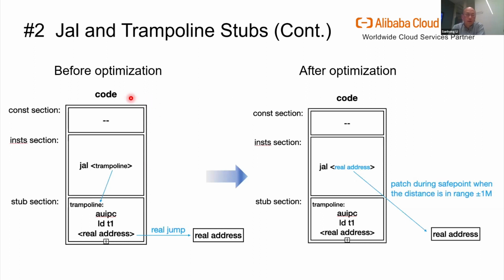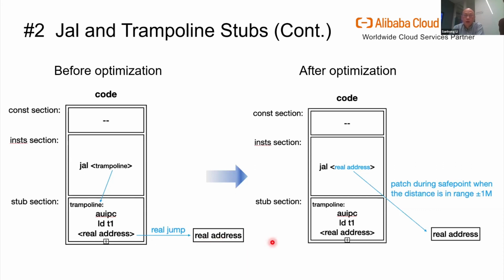In the next slide, I will show the optimization more clearly. With the trampoline strategy, the call instruction goes into the stub, and in the stub it loads the target address and does a real jump to the target.